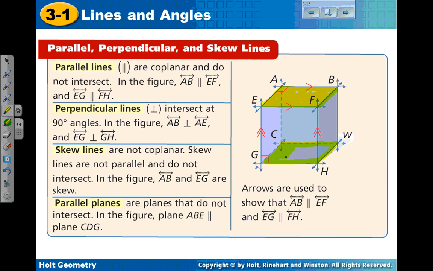They call it CDG. I don't see a D in the figure here, so I think they made a mistake on the slide here. The bottom of the box, CGH, something like that. The bottom of the box is parallel to the top of the box. All right.